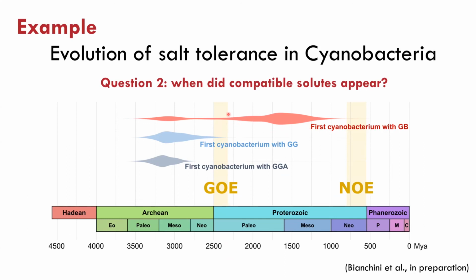So the most likely thing is that this GB appears sometime during the Proterozoic. However, it is also possible, although it's a bit less likely, that the first cyanobacterium with GB actually appeared much earlier on in the Archean. And this is a cool thing that you would not be able to see if you were not doing stochastic mapping and you were just looking at node state probabilities of the tree.